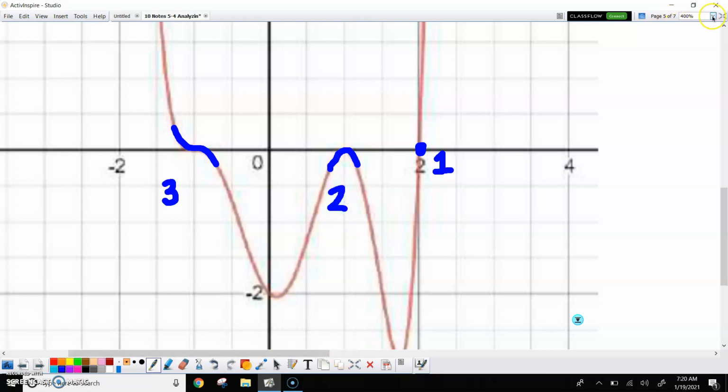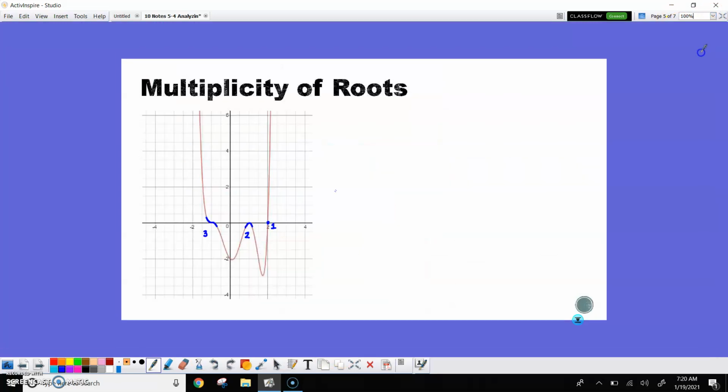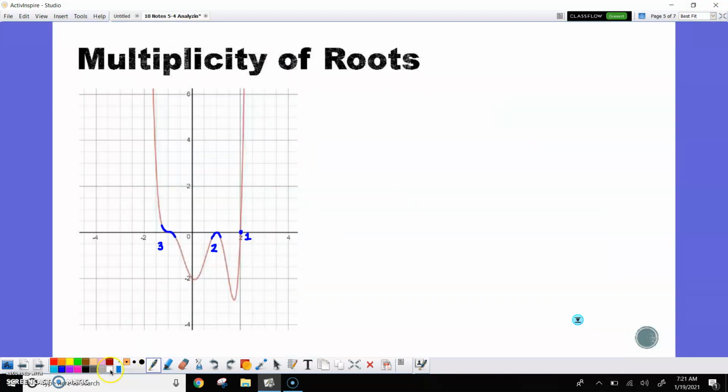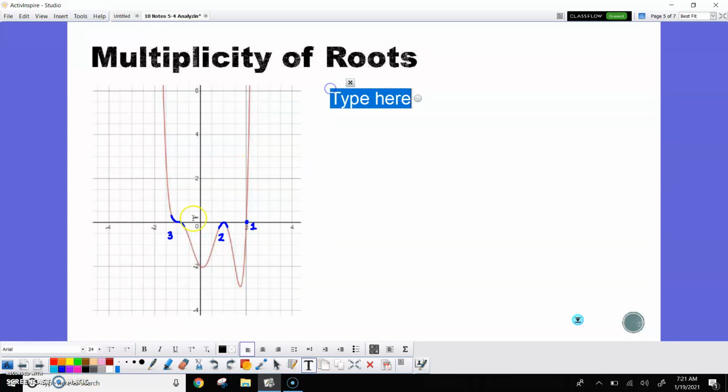So that's the multiplicity of all of these points. So this root right here is at -1. -1 has a multiplicity of 3.